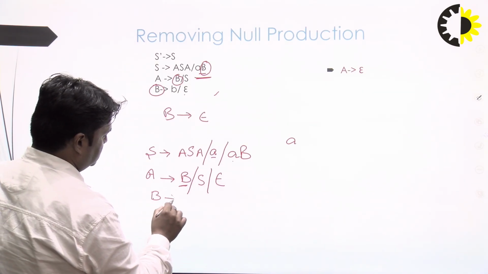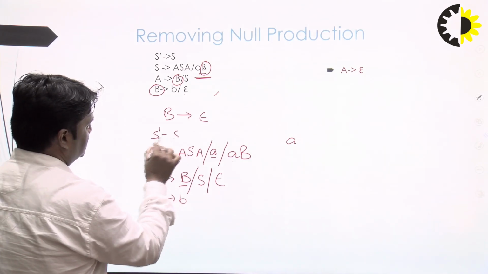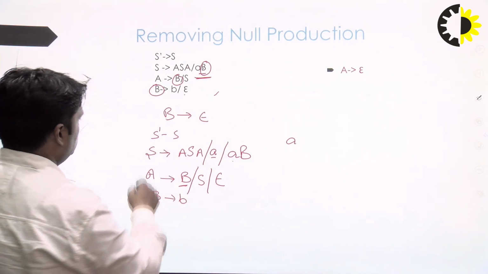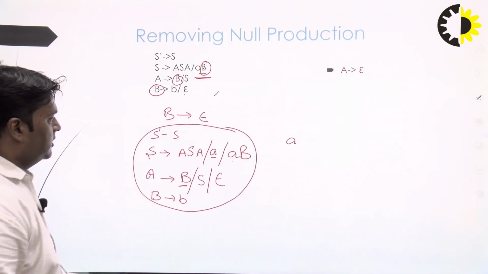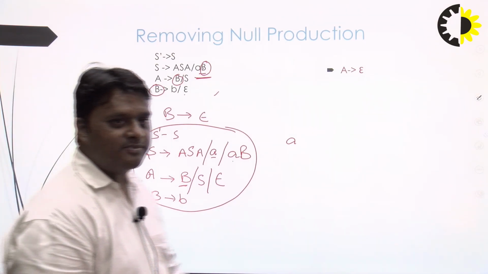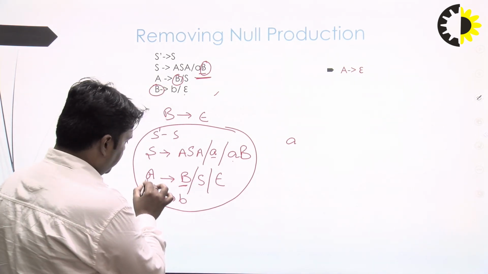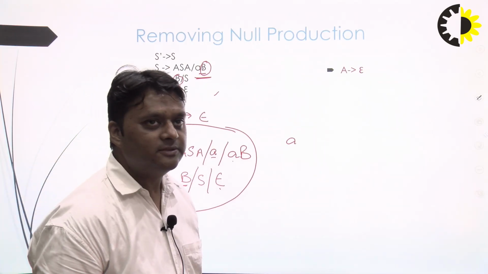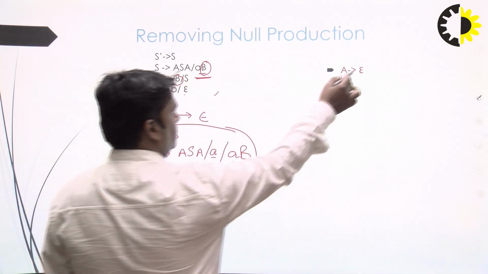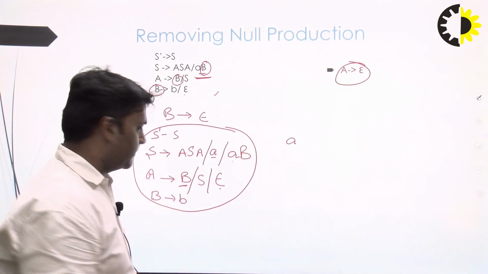B implies b, S dash implies S. Then the new production will be this. When we put B implies epsilon, then a new production A implies epsilon occurs, that is also a null production, so we have to remove this one also.